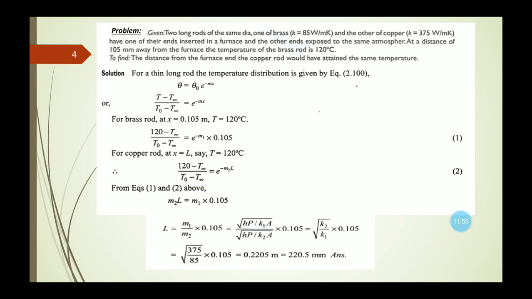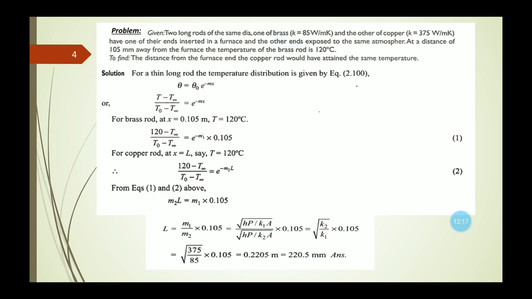So for this case we need to use the concept of heat transfer through the extended surfaces or fins. For that we have seen this formula, theta by theta naught is equals to e to the power minus mx. This theta by theta naught is equals to T minus T infinity divided by T naught minus T infinity. So this is equals to e to the power minus mx.